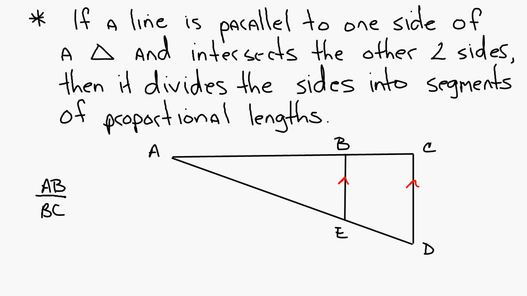Remember, a proportion is an equation showing two ratios equal. So AB over BC is going to be equal to AE over ED. That proportion will be true.